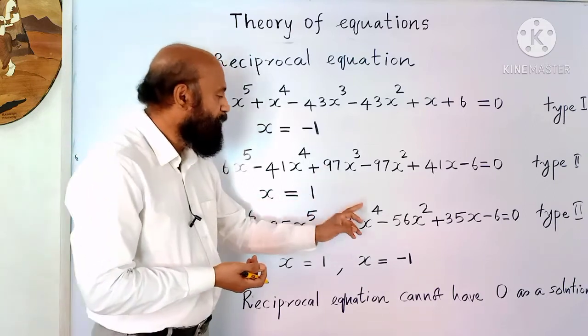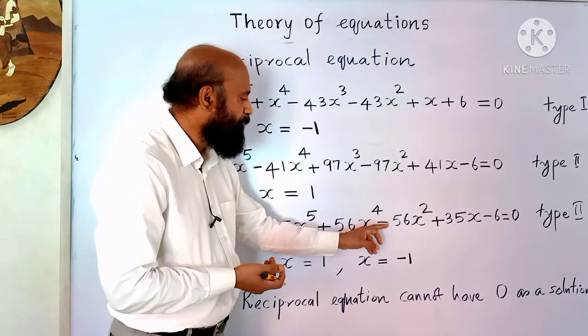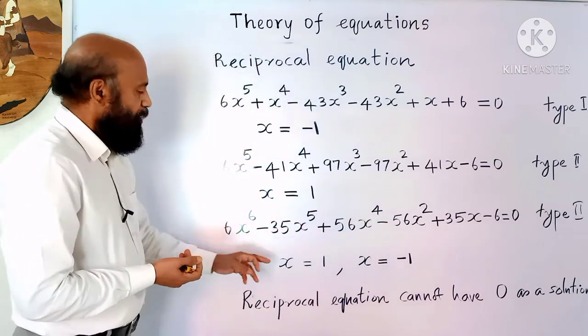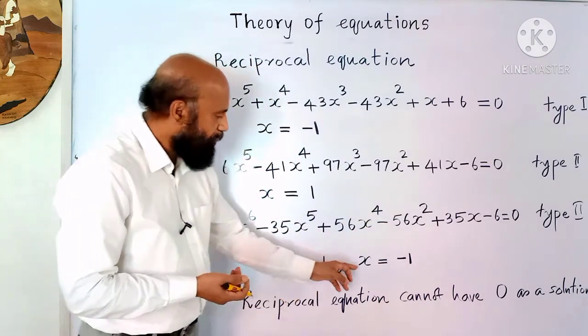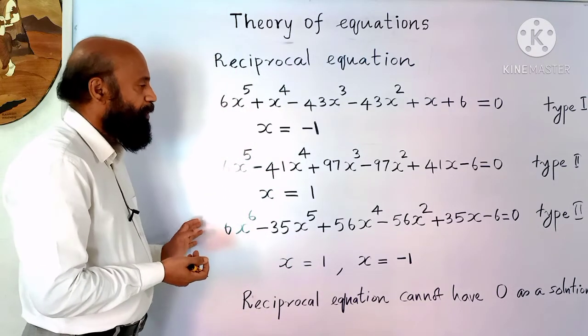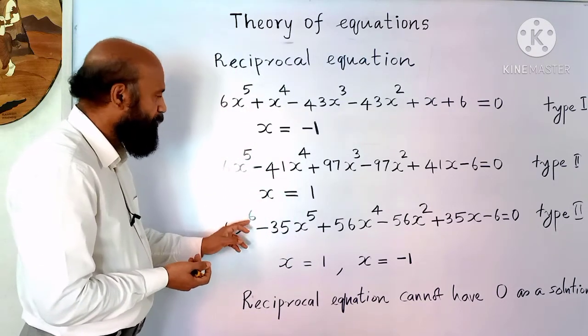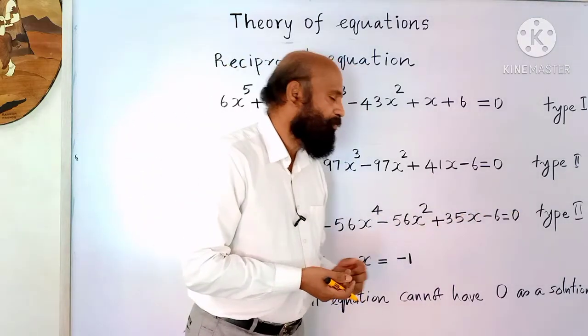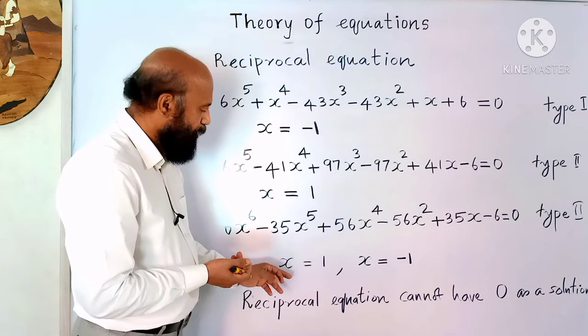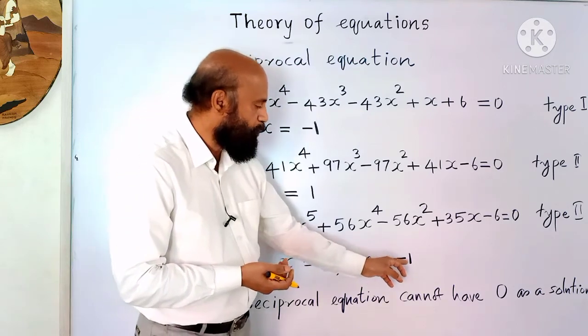So here the coefficient of the middle term should be 0. Then x is equal to 1 and x is equal to minus 1 will be roots. So for an even degree type 2 equation, the middle term should be 0. Then x is equal to plus 1 and x is equal to minus 1.